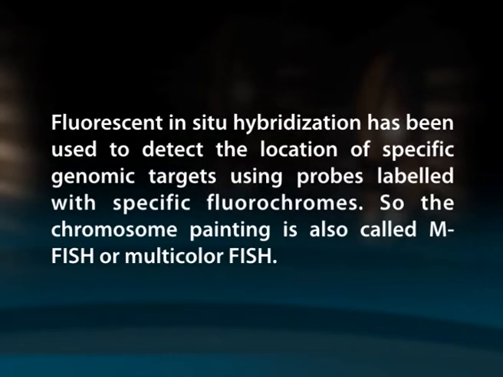Fluorescent in situ hybridization has been used to detect the location of specific genomic targets using probes labeled with specific fluorochromes. So, the chromosome painting is also called M-FISH or multicolor FISH. The technique allowed the detection of simple and complex chromosomal rearrangements and abnormalities missed by the conventional cytogenetic banding techniques.